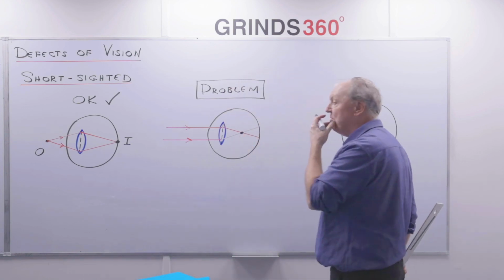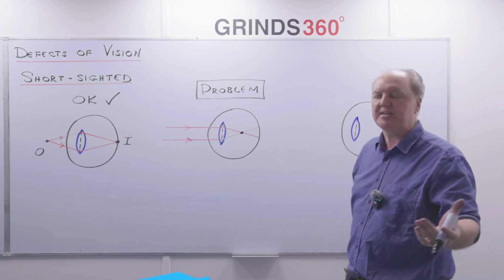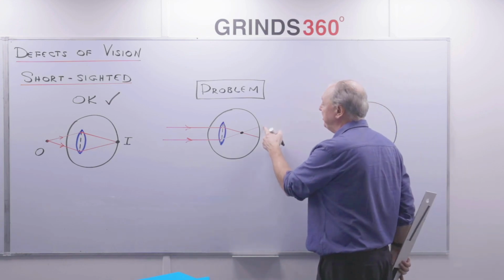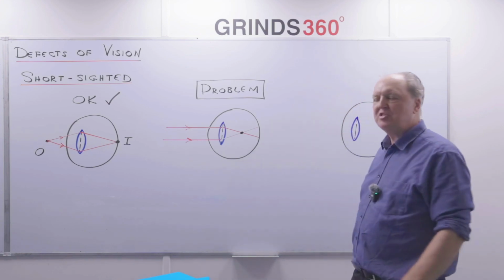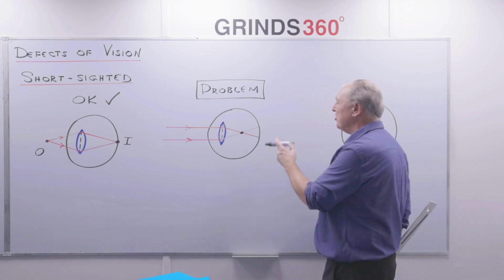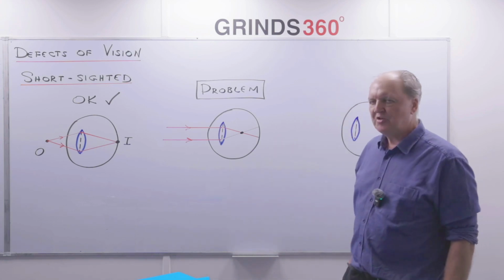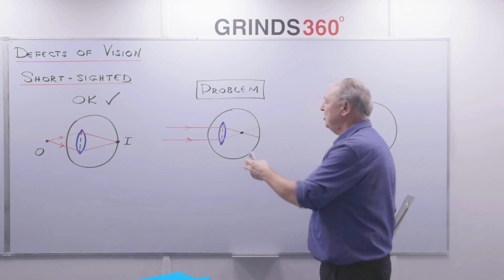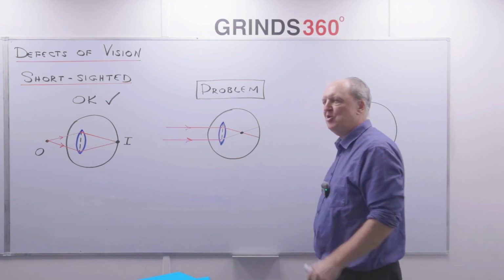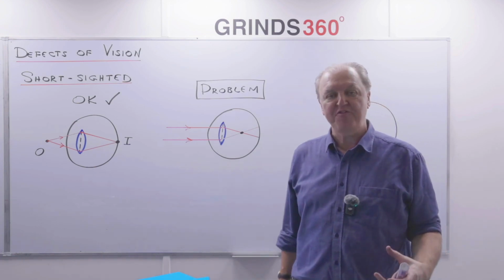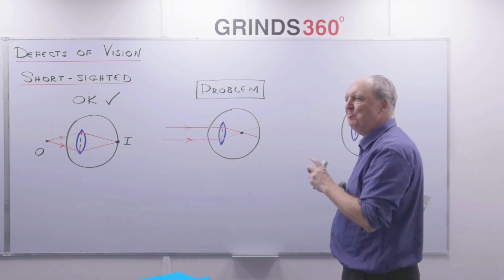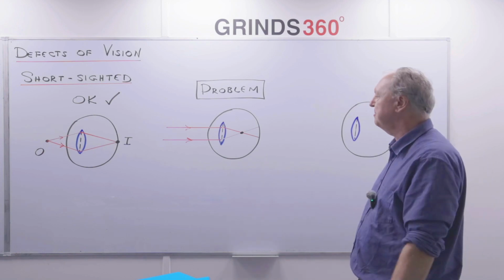That's where the image is formed, which isn't where your retina is. So across your retina here, the image is kind of blurred. It's spread out across your retina. So no matter how hard you try, you can't make your lens thin enough. It's just too powerful. It bends the light too much.